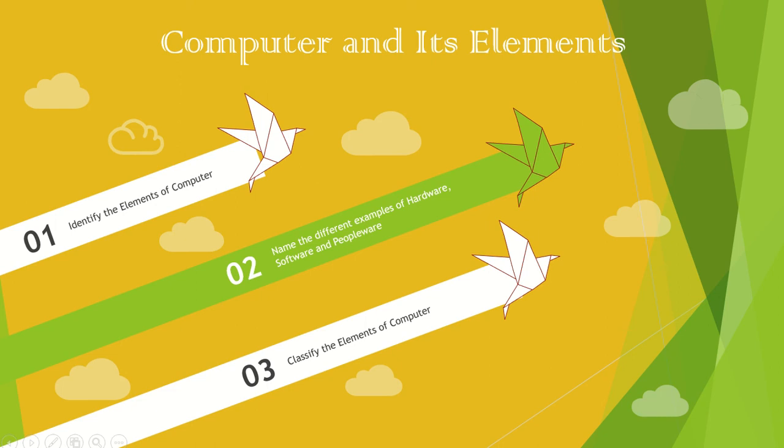Looking back to our objectives, we already identified the elements of the computer. That is our first objective. And our second objective, we already named the different examples of hardware, software, and peopleware. Now we are in our third objective, which is to classify the elements of the computer.